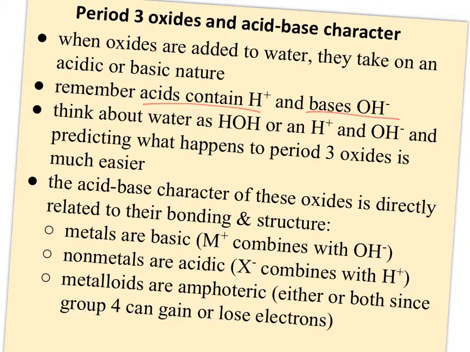They're the anion, so they're going to have to combine with the cation, or the H+ part of the water. So it's not a big surprise that metals end up forming bases, and nonmetals form acids. And then metalloids are what we call amphoteric. Since they're from group 4, the silicon, the carbons, they can form either positive or negative ions, so they could combine with either the OH or the H+.